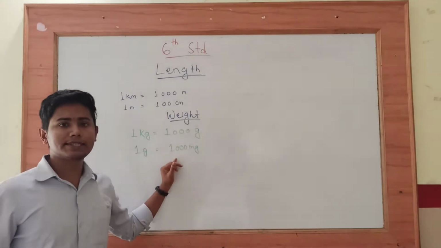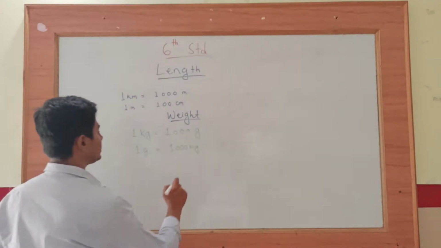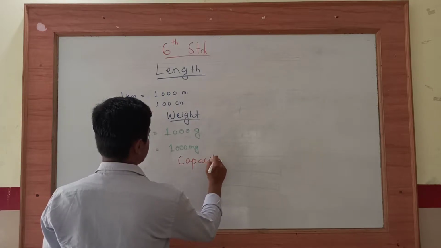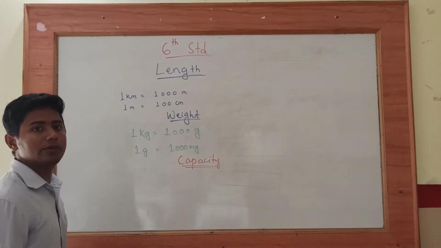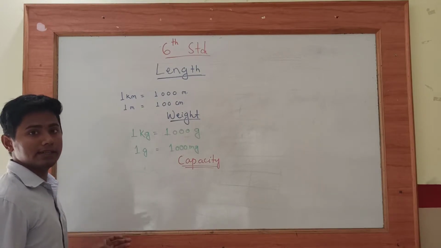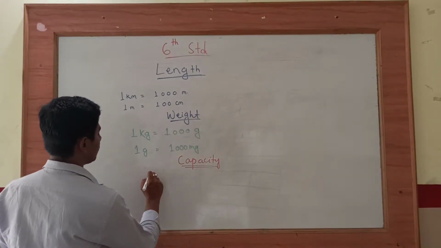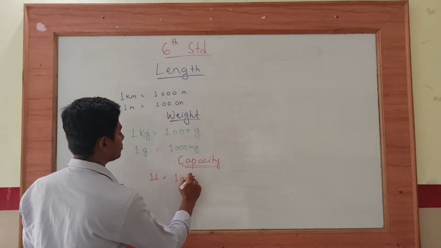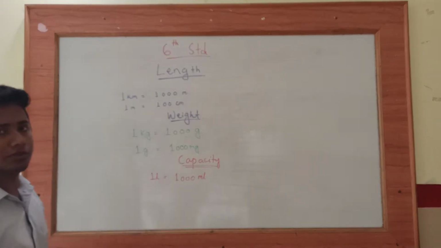Next is capacity. To measure capacity, we use liter and milliliter. So 1 liter equals 1000 milliliter. Understood?